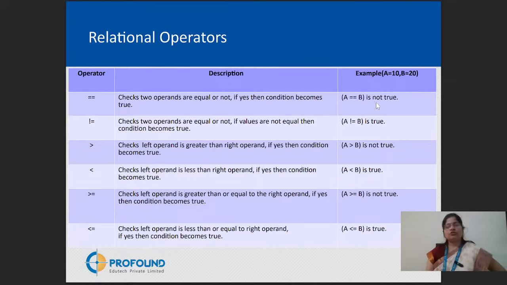Okay, so A is equal to B, A is not equal to B, then greater than: check whether the left operand is greater than the right operand. If yes, then the condition becomes true. Here, A is greater than B is not true. Is A equal to B? No, it is not true. Is A not equal to B?